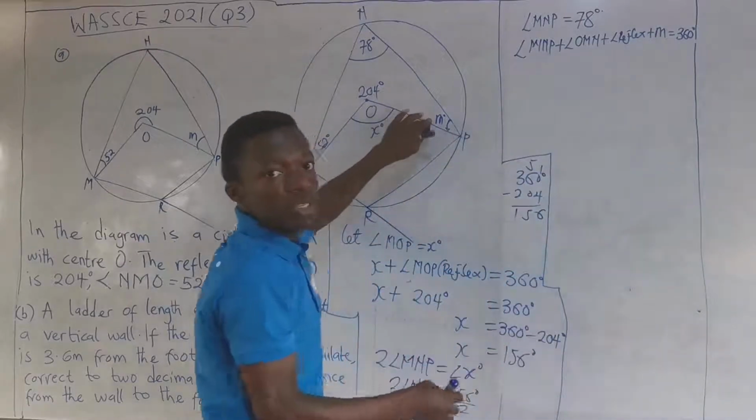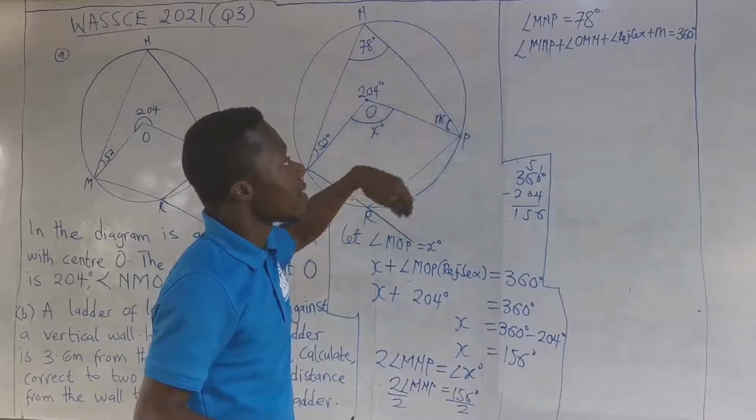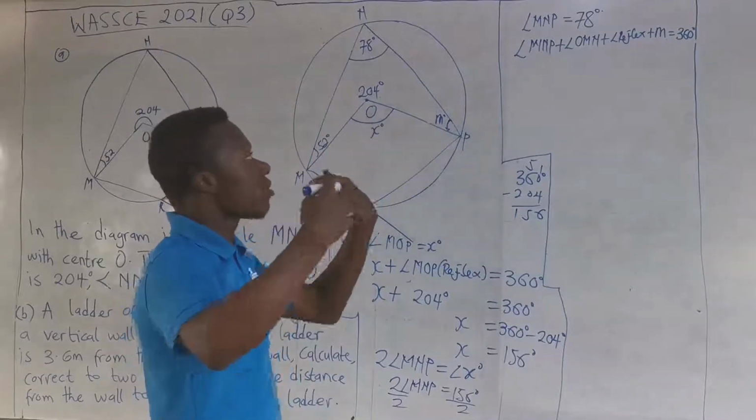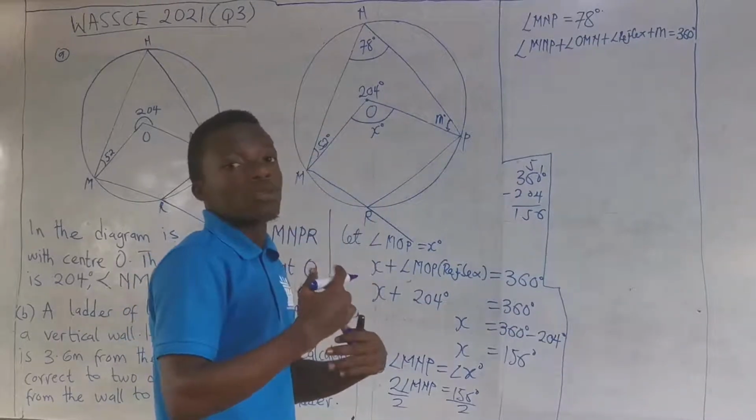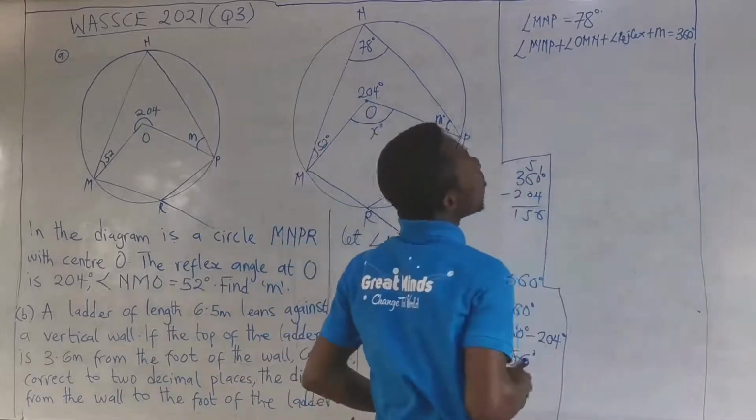So once you're able to get that, we said that is how a quadrilateral should be. The sum of interior angles of a quadrilateral should fetch that. So that's what you're going to get for that.